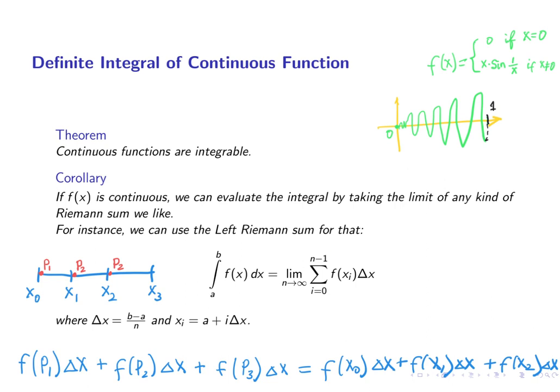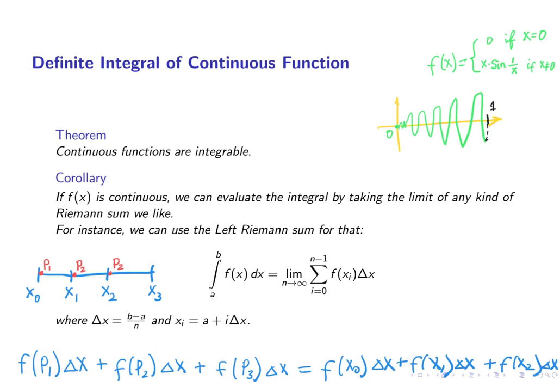And more generally, if you have n intervals, you can write such, we call it a left Riemann sum, as the summation from the index i equals 0 to the index n minus 1 of the terms f of xi delta x, where xi are the partition points.